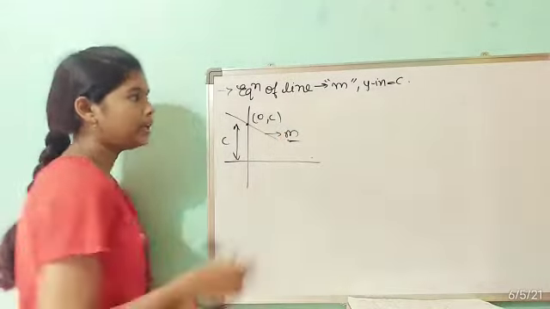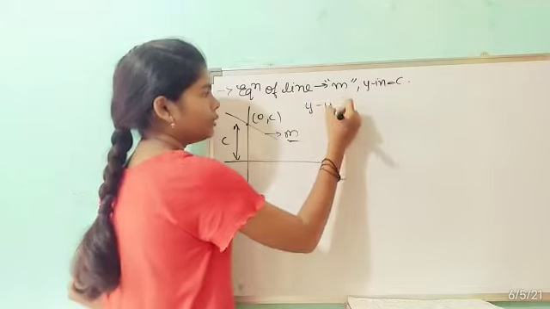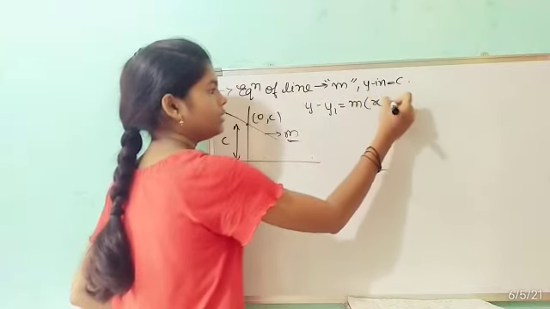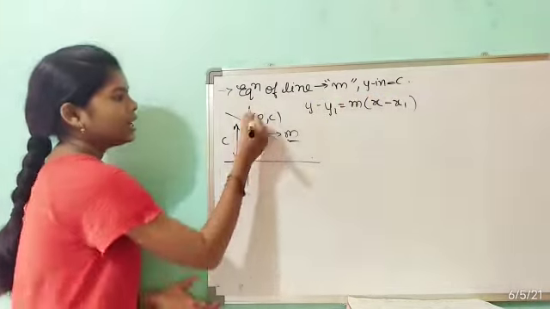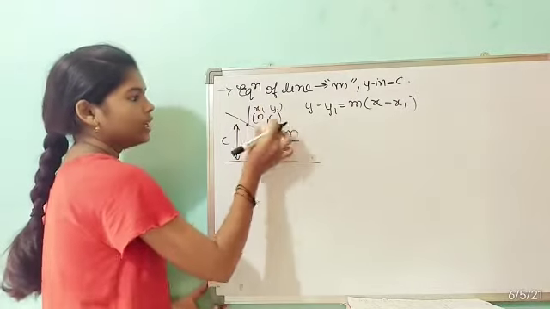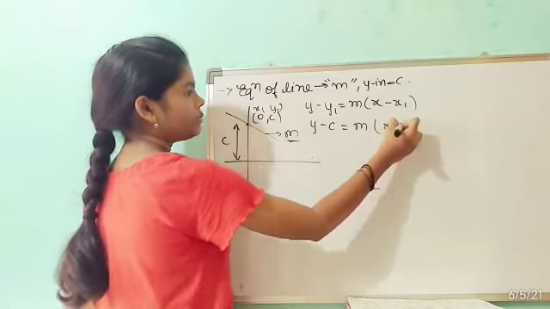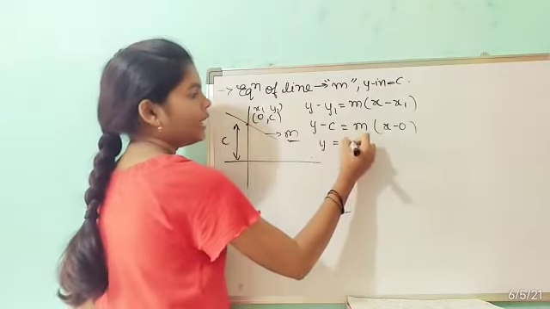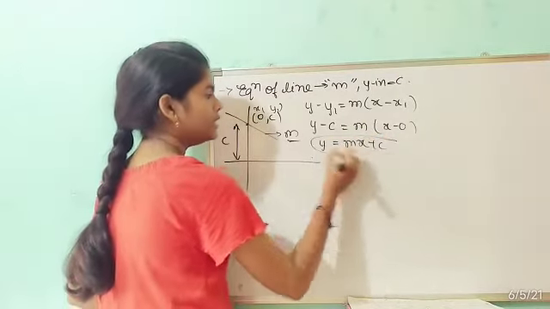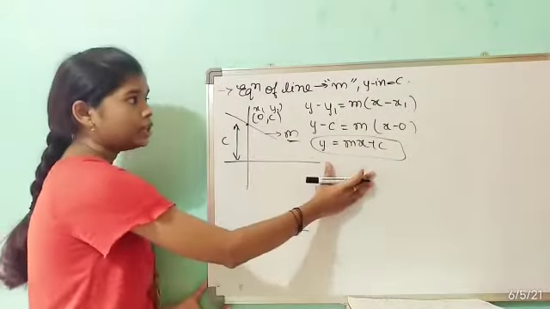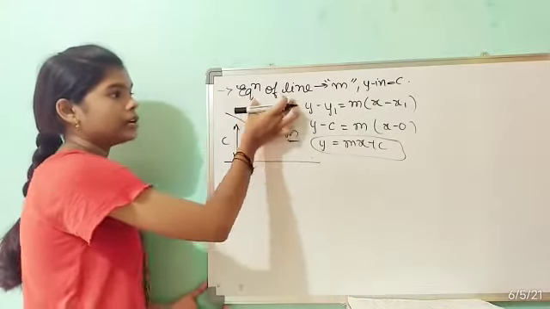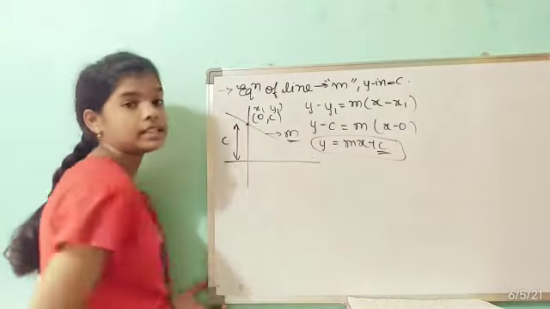So simply, y minus y1 is equal to m into x minus x1. Substitute the x1, y1 values over here. It will be y minus c is equal to m into x minus 0. So that will be y is equal to mx plus c. This is the equation of a line which is having a y-intercept c.